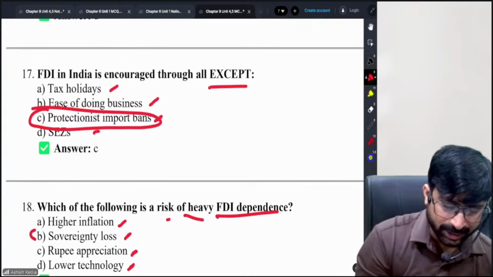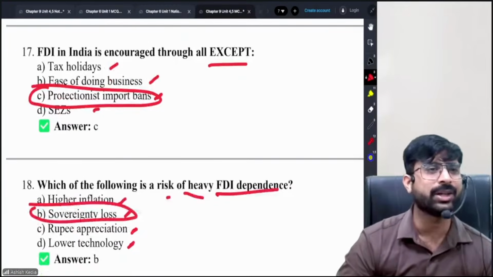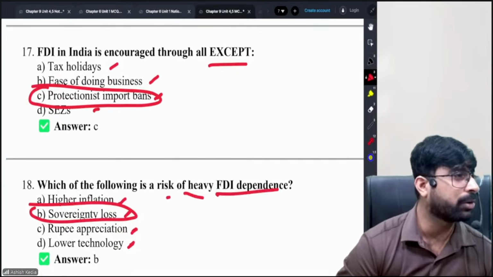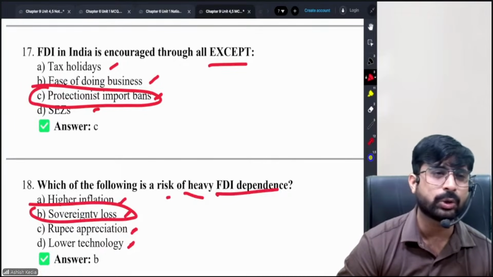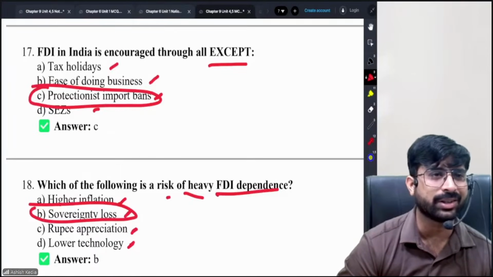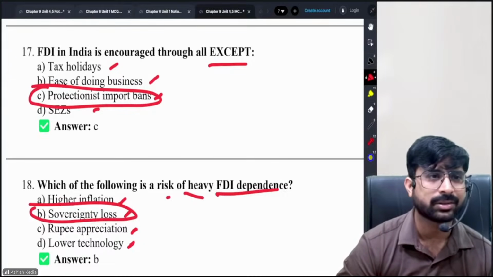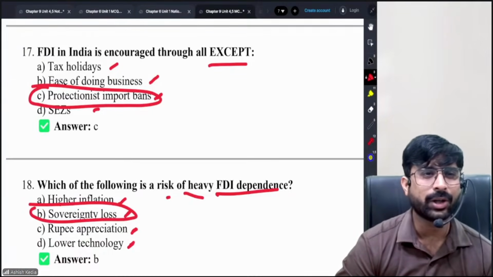If you think carefully, loss of sovereignty. When the foreign investor in your country becomes too powerful, they are going to start making decisions for your country. They are going to start interfering with the political class. Sovereignty loss.